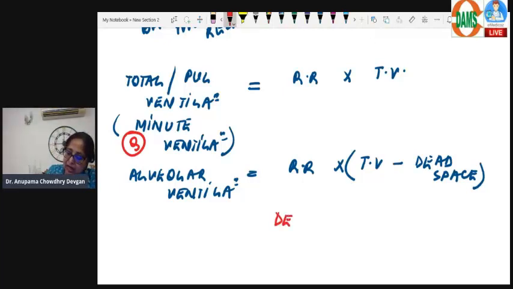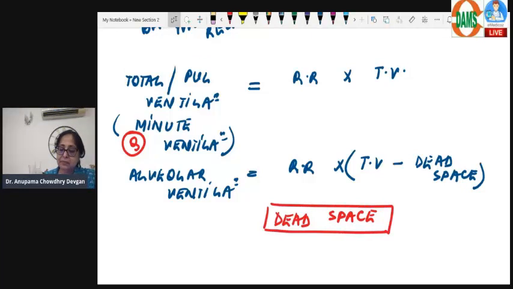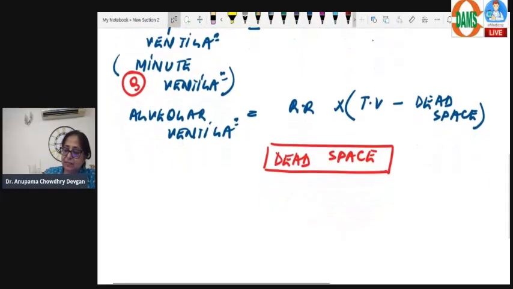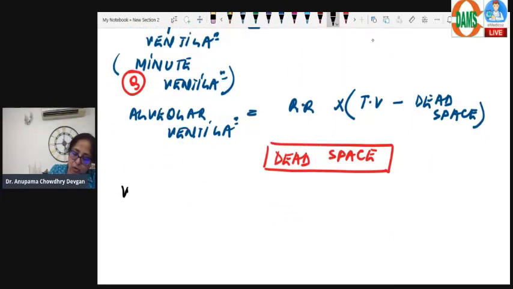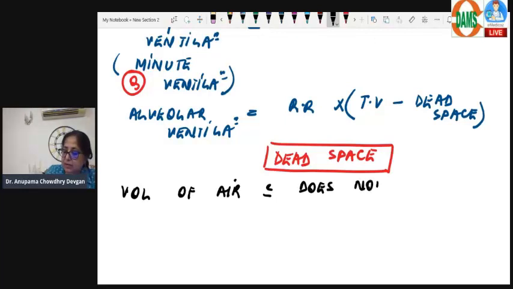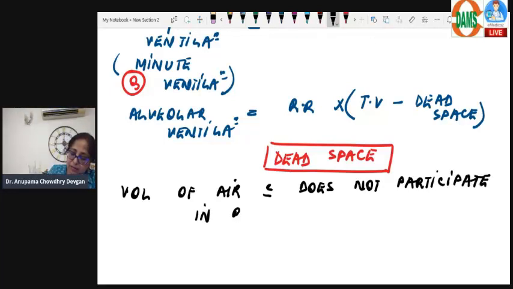Let's have a look at the dead space. What is dead space? Dead space is the volume of air which does not participate in respiratory exchange.